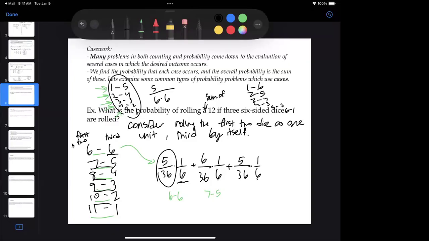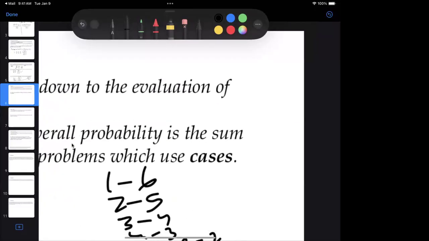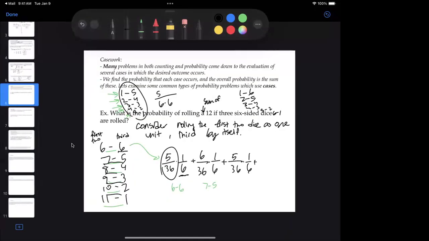So how come it's 6 over 36 for the 7 and 5 pair instead of 5 or whatever? I didn't get that. I think that part you just have to count out. It depends on what the number is, because to get 7, you can roll a 1 and then a 6, and you can count all the way up to 6, right? So you have to do that manually to figure out every single pair?